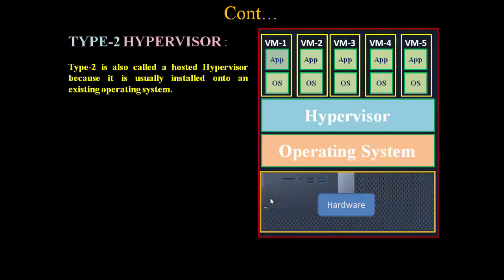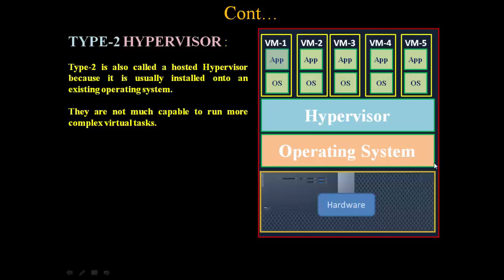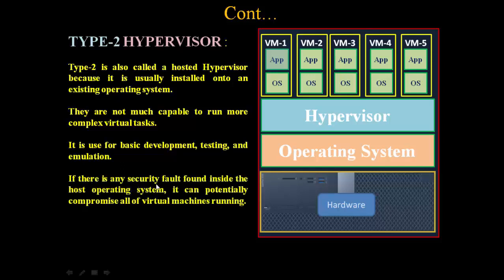So Type-2 hypervisors are not very capable of running more complex virtual tasks. If you want to run more complex tasks, at that time we have to use hypervisor 1. It is used for basic development, testing and emulation. If any security fault is found inside the host operating system, it can potentially compromise all of the running virtual machines.